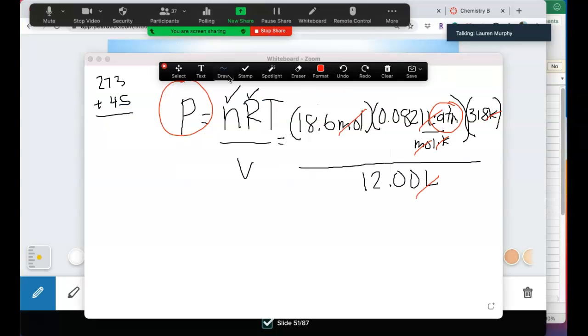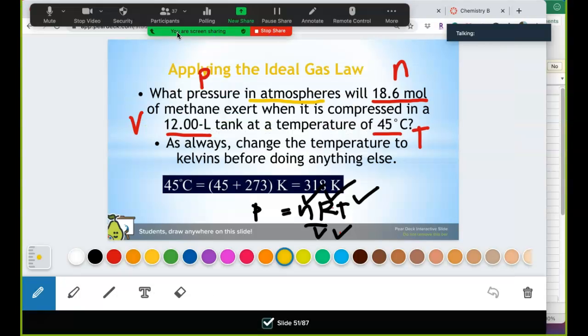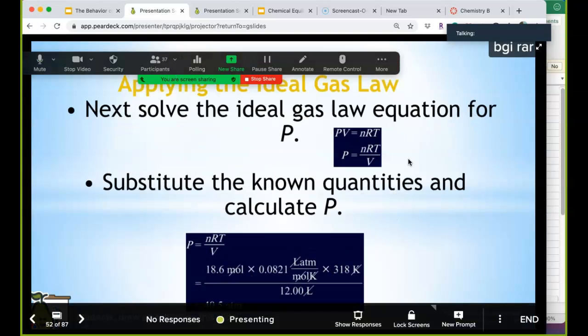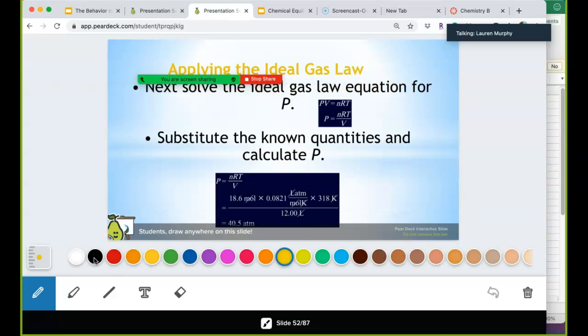Give you a second. And it looks like the answer is 40.5 atmospheres.